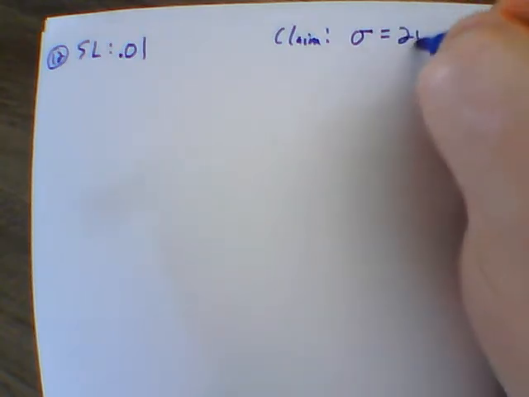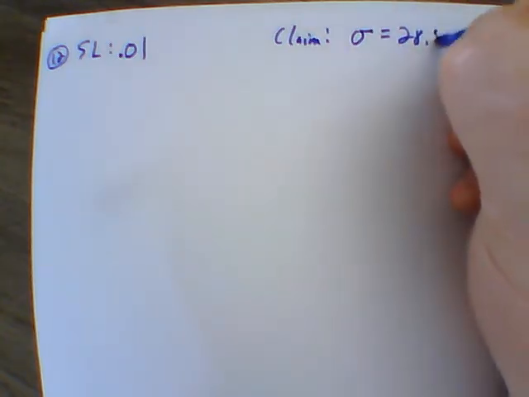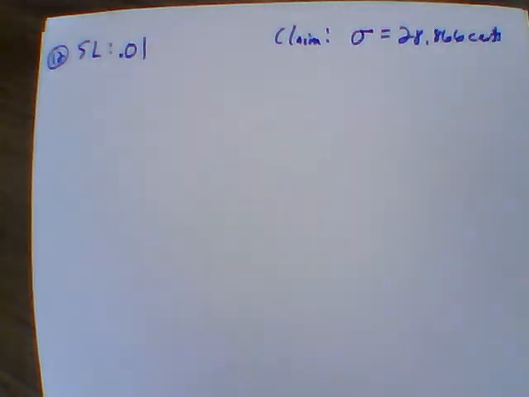To test the claim, okay, so I'll write my claim up here this time. My claim here is that the sample is from a population with a standard deviation equal to, so basically our population standard deviation equals 28.866 cents.